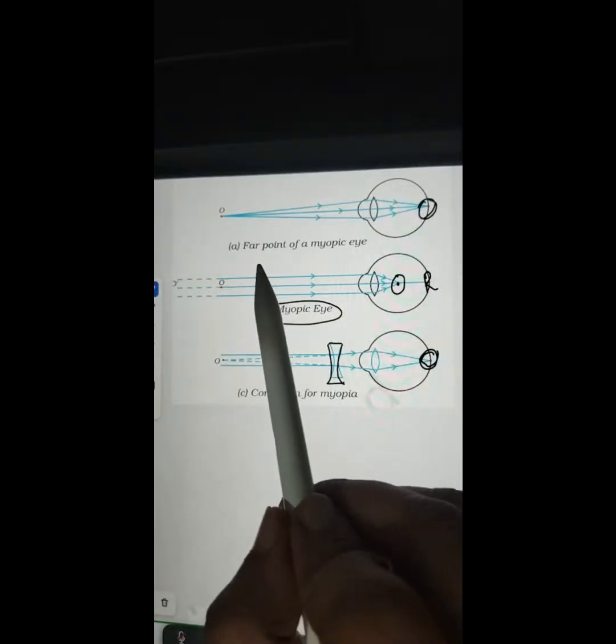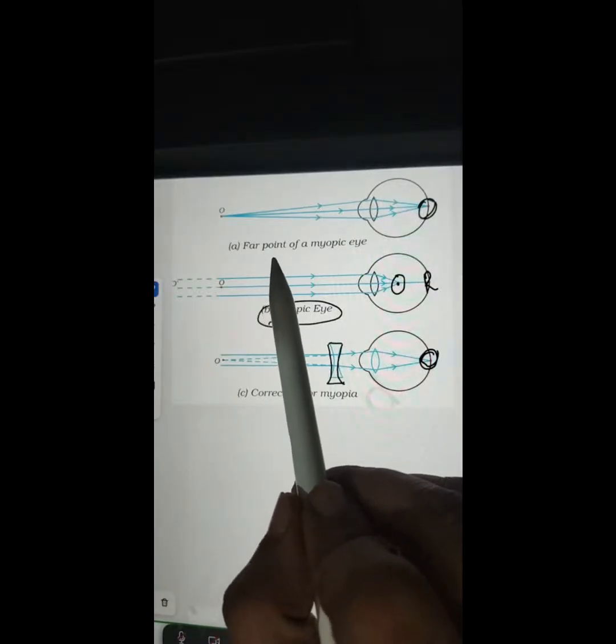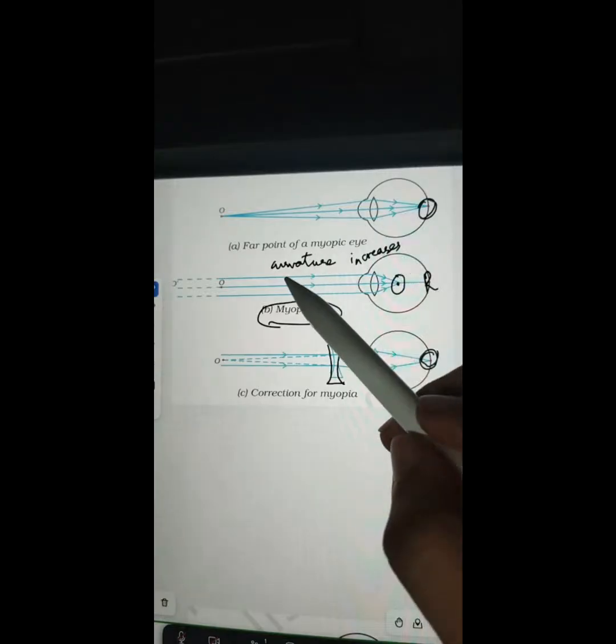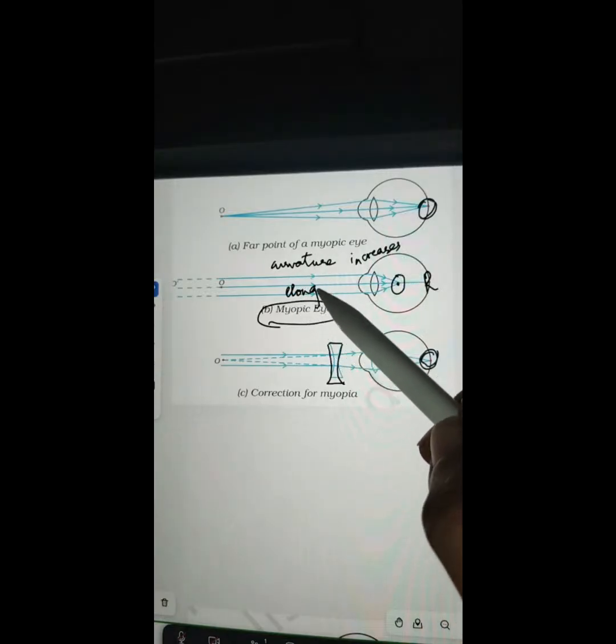Myopia is a condition in which the eye curvature increases. Two reasons are also very important. One is that eye curvature increases, and the second is elongation of the eyeball. Both these reasons, along with these three points, make this topic very important.